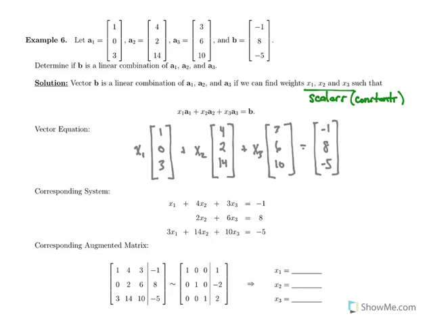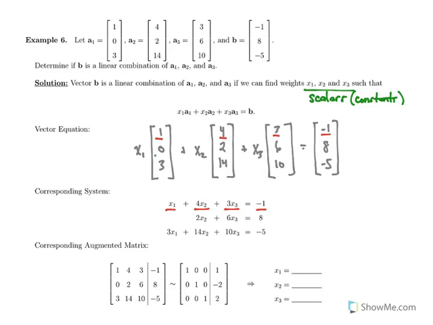This corresponds to a system of linear equations. What we're saying here is if I have 1x1 plus 4x2 plus 3x3, this should equal negative 1. That is looking at all of the first entries. So x1 plus 4x2 plus 3x3 is negative 1.